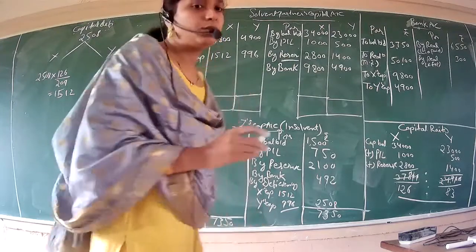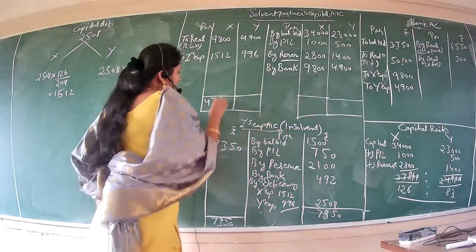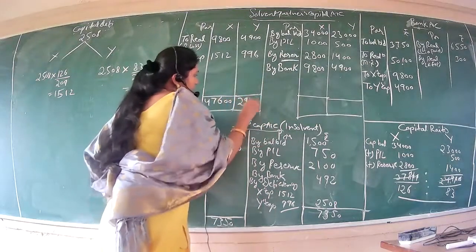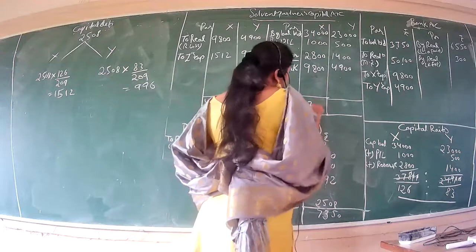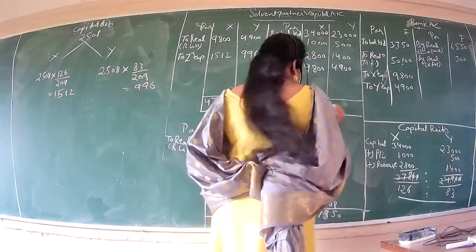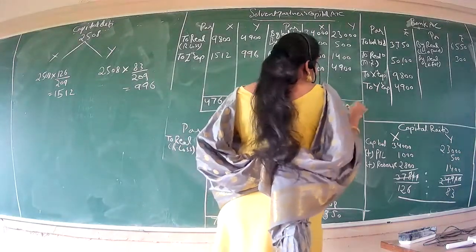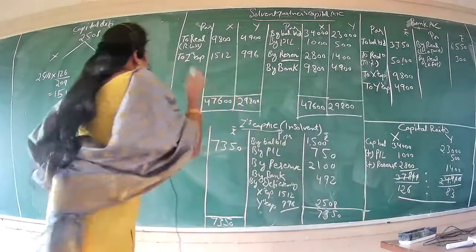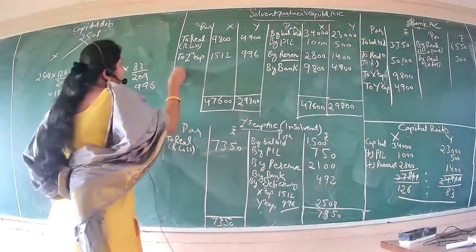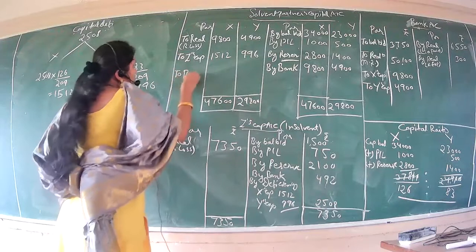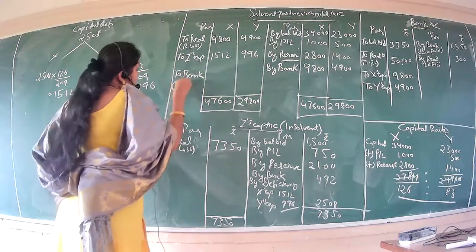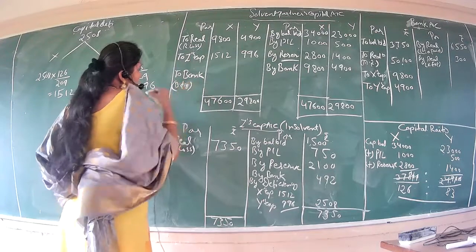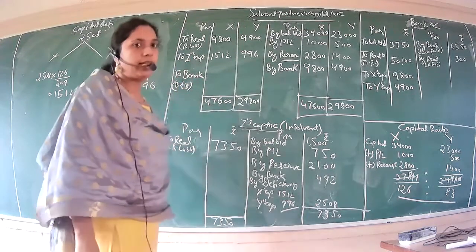Okay, so total is going to be 47,600 and 29,800. So both side we will do the entry 47,600, 29,800. Okay, and then we'll have the balancing figure on your debit side to bank account. Okay, that is going to be your balancing figure, and how much we are going to get the balancing figure.